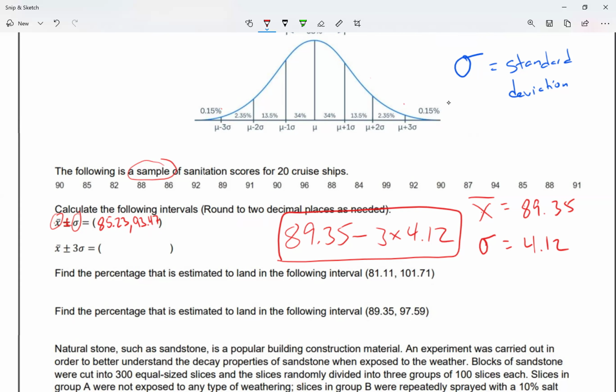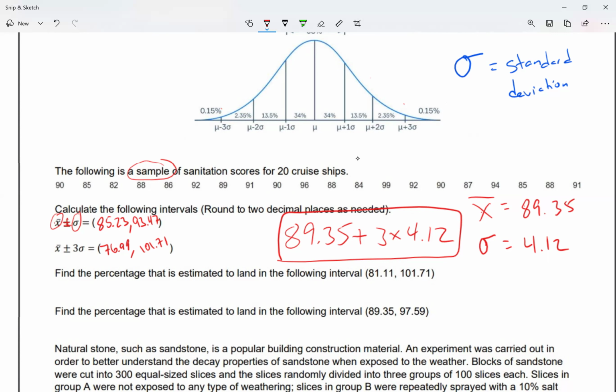The calculator knows that it has to multiply before it subtracts. My calculator gives me 76.99. That's my first number. For the second number, instead of minus, I'm going to change this to a plus. So 89.35 plus 3 times 4.12. And my calculator gives me 101.71. Cool. Nice. Not that bad.